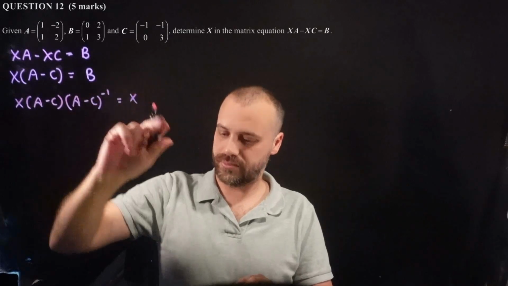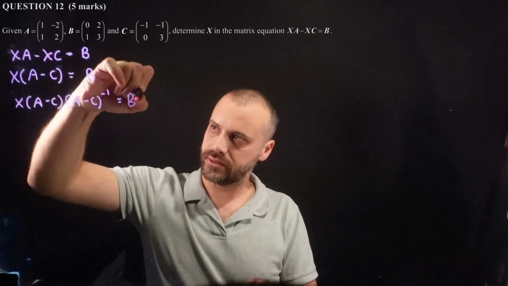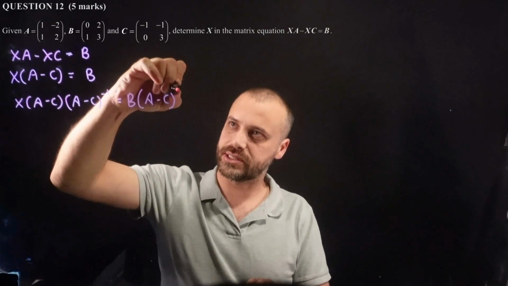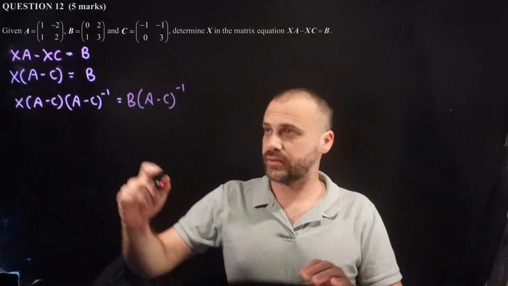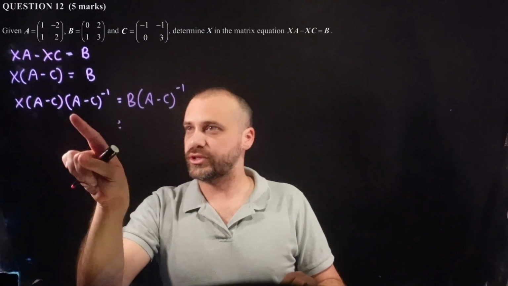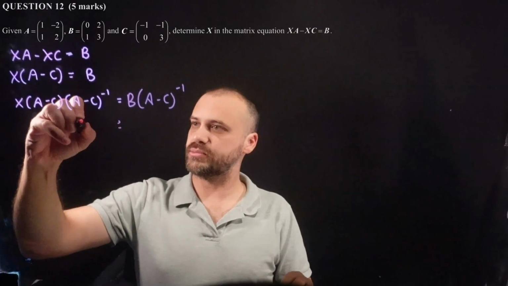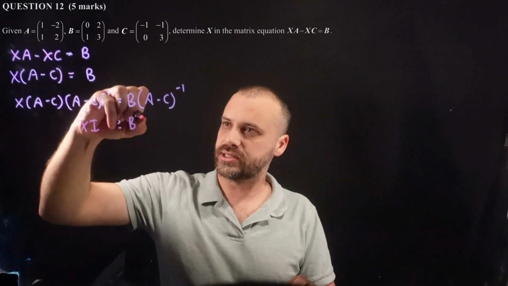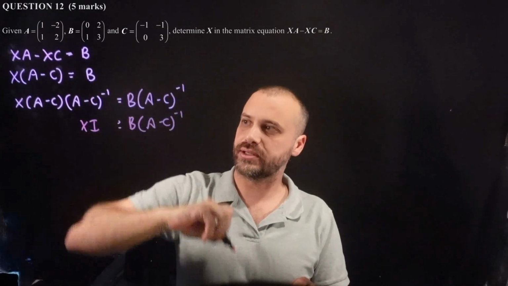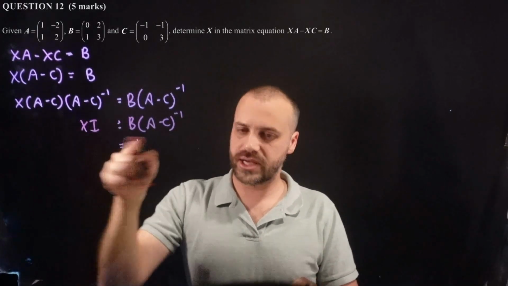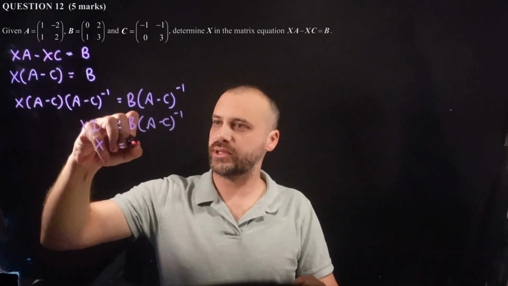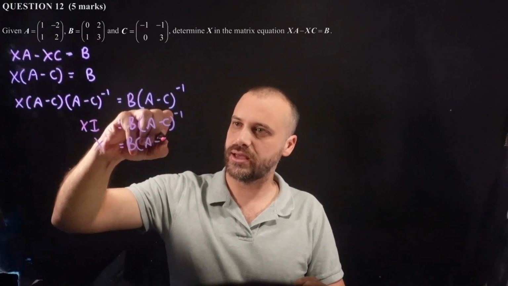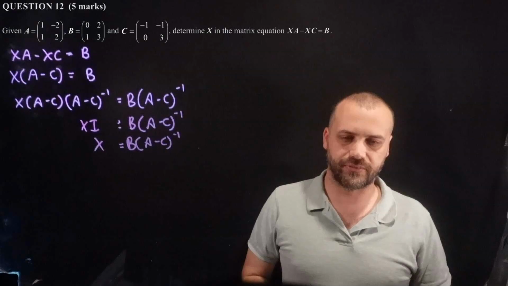So that's B times the inverse of A minus C. Now, this matrix times its inverse leaves me with the identity matrix right there. And this is still just B, A minus C, inverse. And of course, X times the identity matrix. We're left with X equals B, A minus C, negative 1.